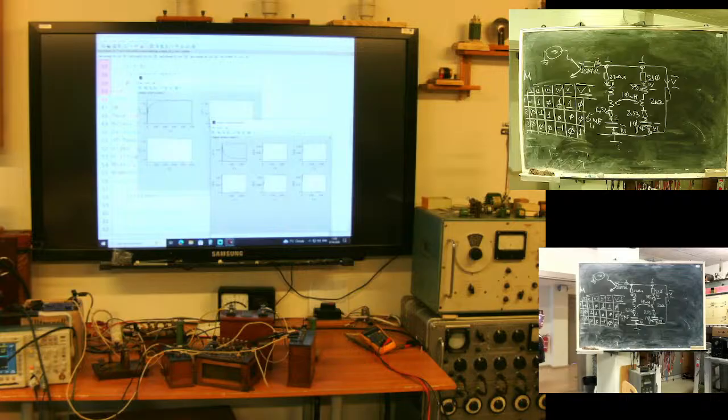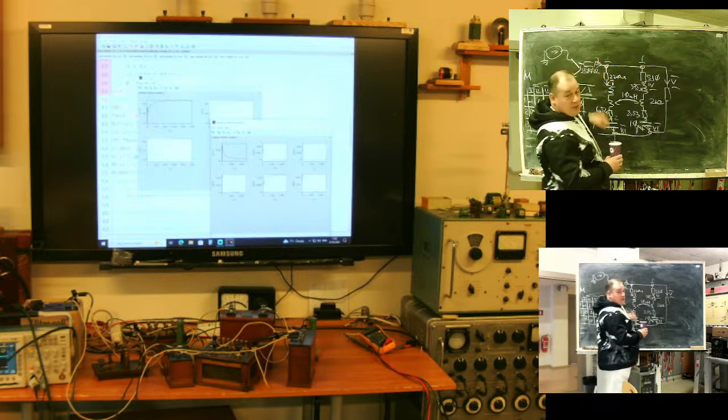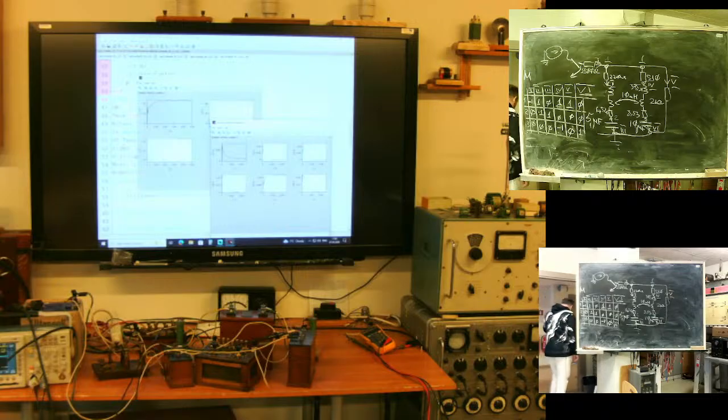And what will they be? These two resistors form a divider. So you have good knowledge in electrotechnics theory.